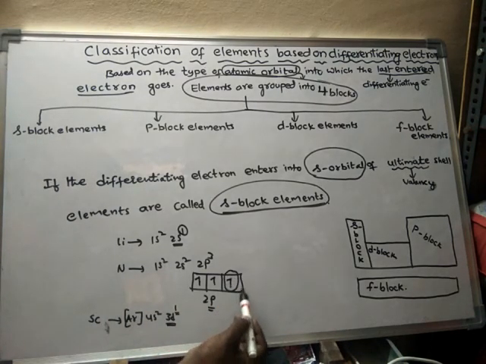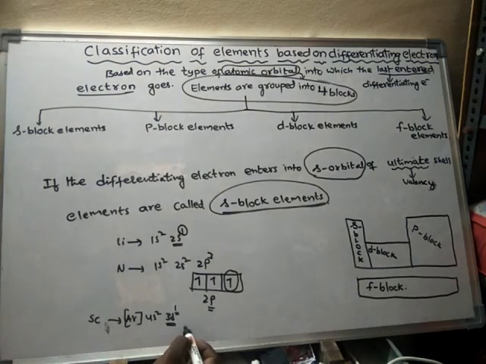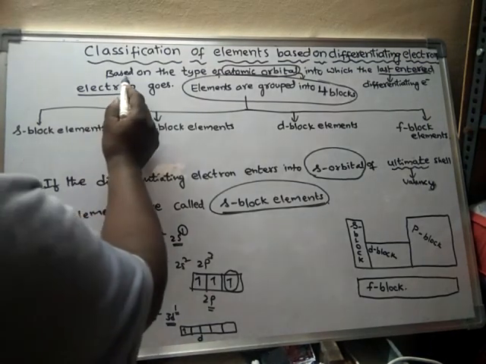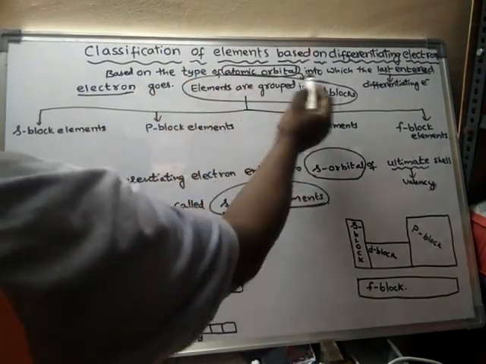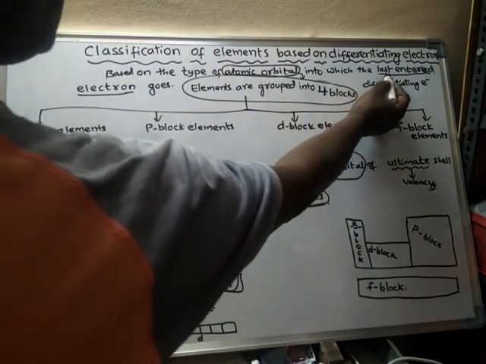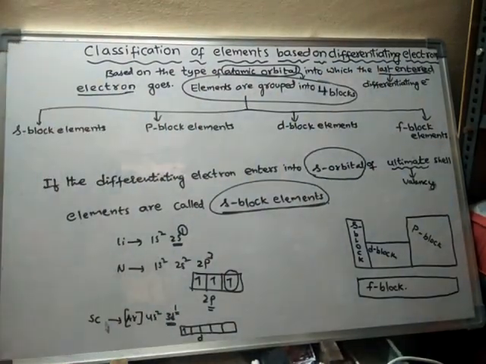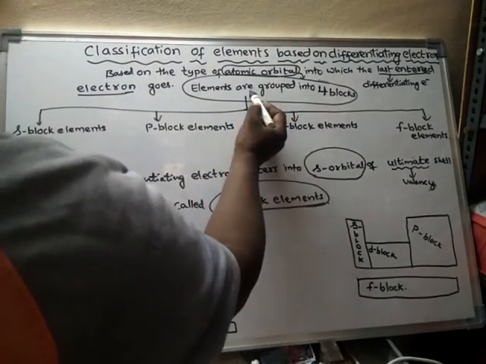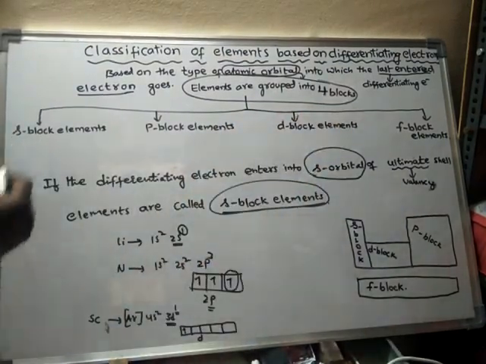And in scandium, d orbitals 1, 2, 3, 4, 5, the last entered electron will enter into d orbital. So based on the type of atomic orbital into which the last entered electron goes, elements are grouped into 4 blocks.